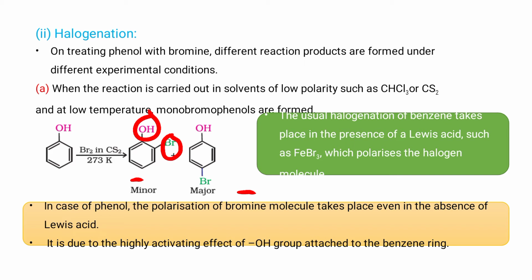The usual halogenation of benzene takes place in the presence of a Lewis acid such as FeBr3, which polarizes the halogen molecule. In the case of phenol, the polarization of the bromine molecule takes place even in the absence of a Lewis acid.